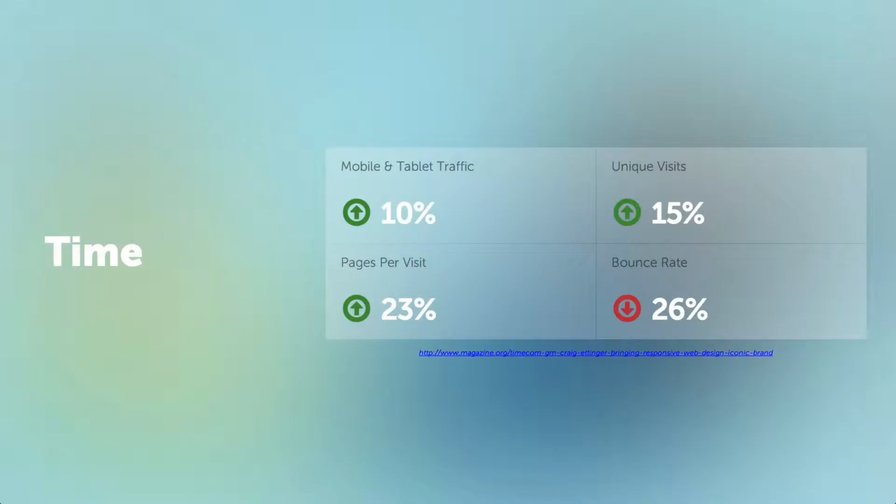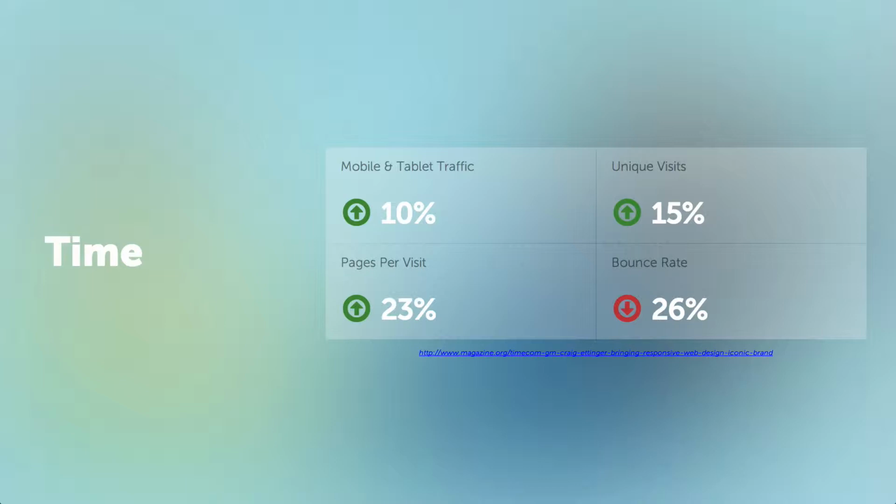So let's look at some of the content-focused ones. Time, who's a fairly large publication, also had a separate mobile web app. By killing that off and releasing a responsive site, they saw their mobile and tablet traffic go up, their unique visits went up, the pages per visit went up, and the bounce rate went down significantly.